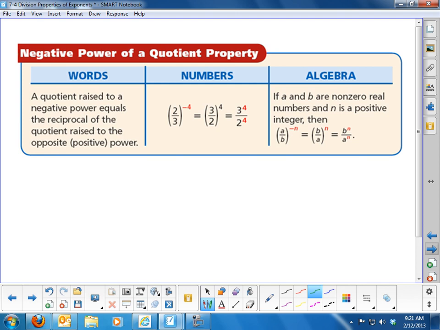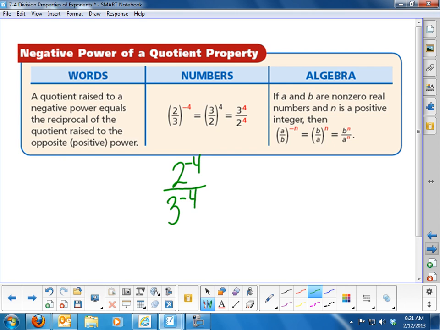I'm going to take the 2 that's in the numerator, and I'm going to put it in the denominator now, and I'm going to take the 3 that's in the denominator and move it up to the numerator. Flipping the position of those two numbers now allows me to have a positive 4 exponent, because I know that this would be 2 to the negative 4th divided by 3 to the negative 4th.